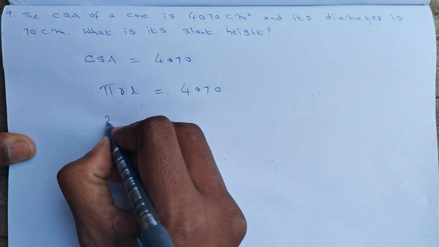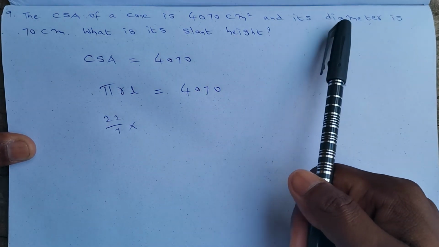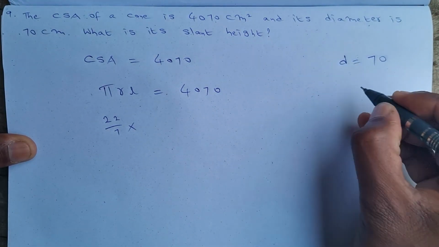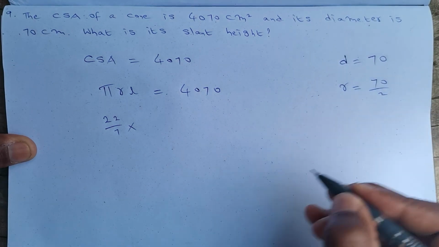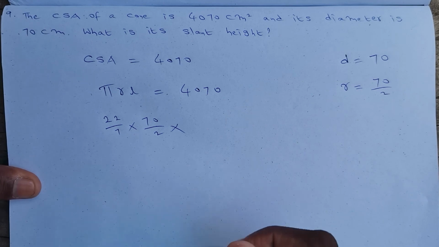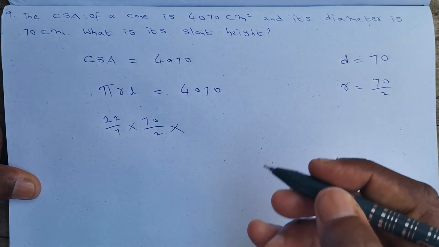So pi value we know already, 22/7 into radius. Its diameter is 70. So diameter is given as 70. Then radius will be half of the diameter, 70/2 into L. What is its slant height? He is asking to find the value of slant height.